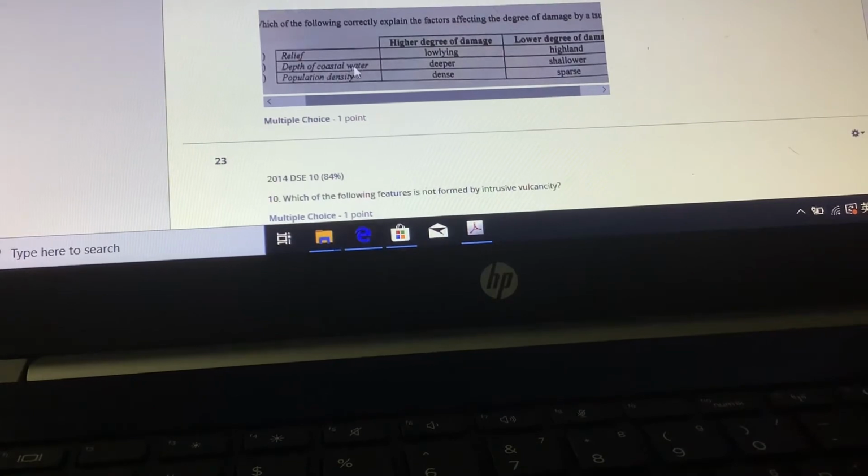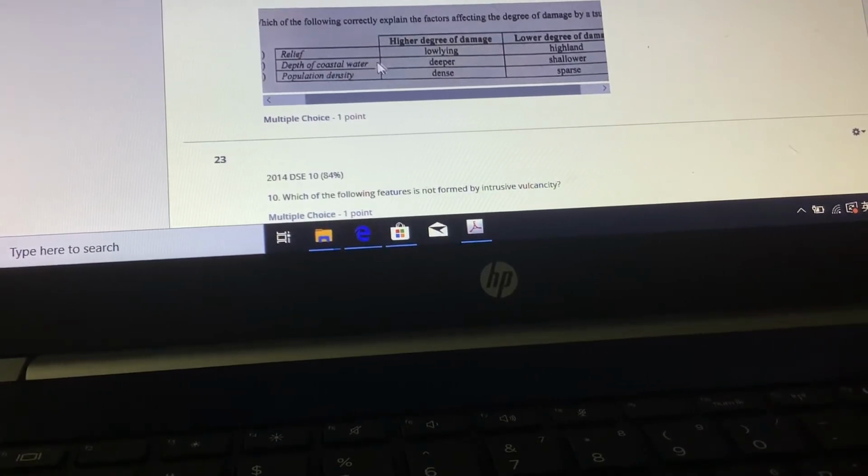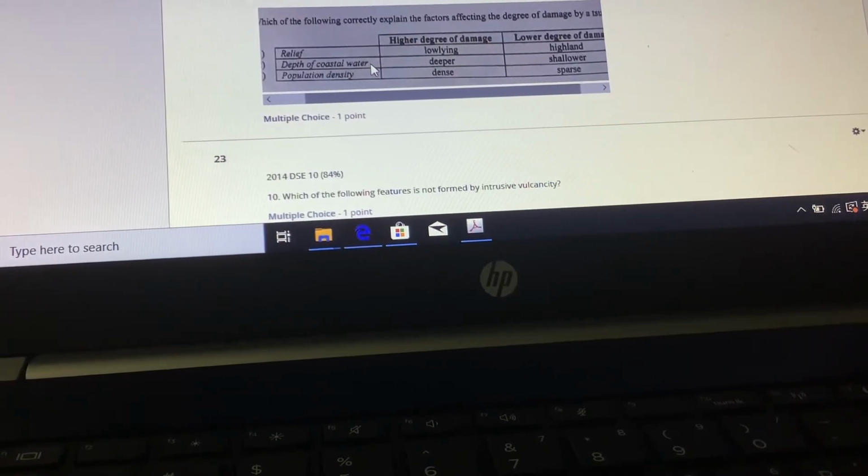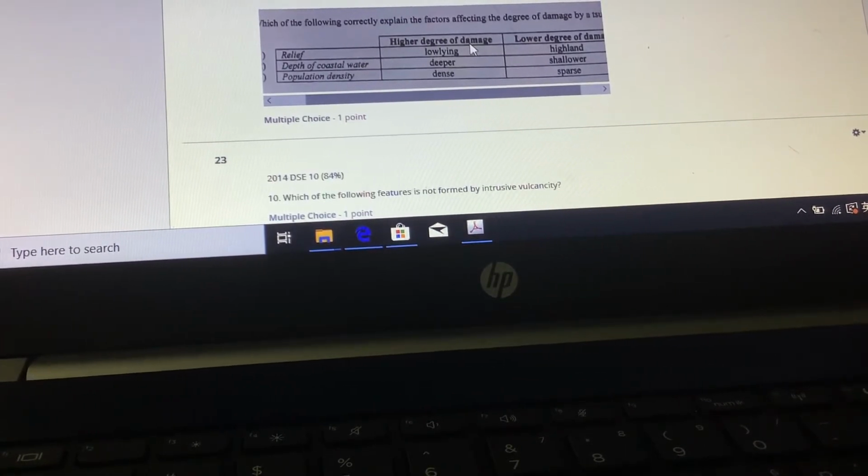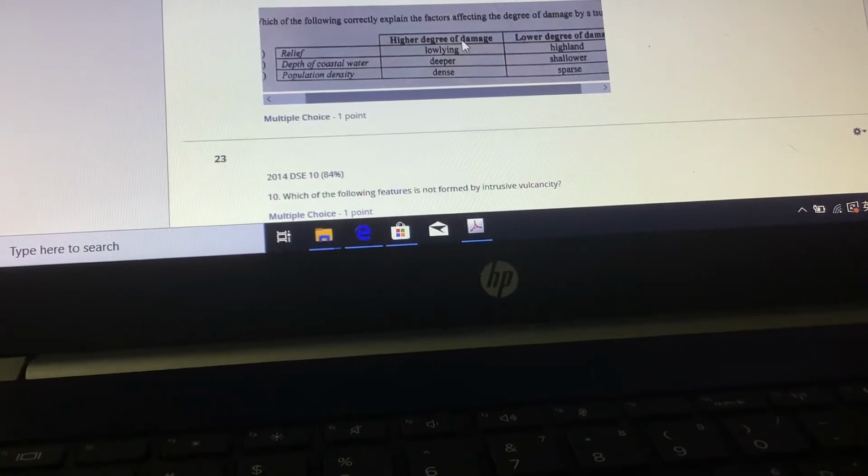And how about the depth of the coastal water? For deeper coastal water, the degree of damage will be lower, because there is more room for the wave to be absorbed. And this one is also wrong.